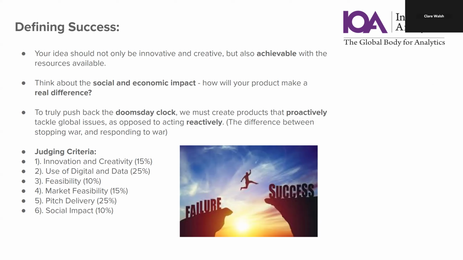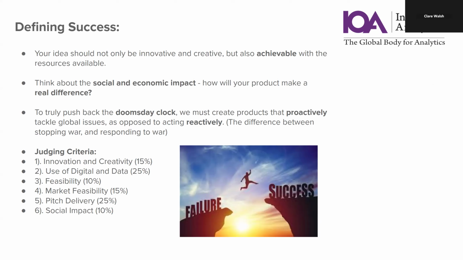This is the difference between preventing war and responding to war. When we think reactively, we are essentially conceding the fact that something bad will happen. This is not the mindset we need when we're pushing back the doomsday clock and preventing natural disasters and man-made disasters. We need a mindset of stopping the possibility happening in the first place, not conceding the possibility happening, then reacting to it efficiently.